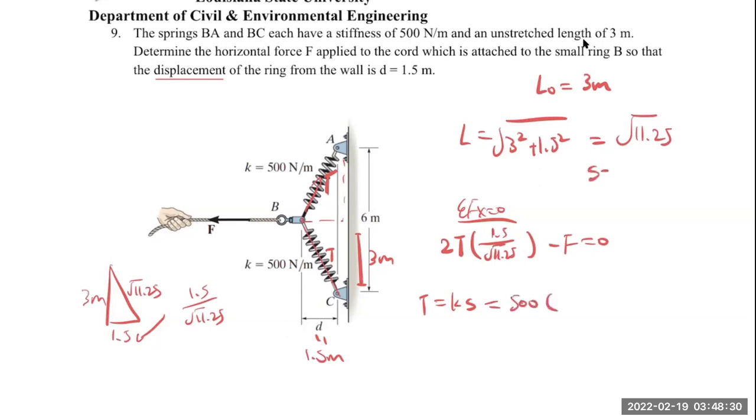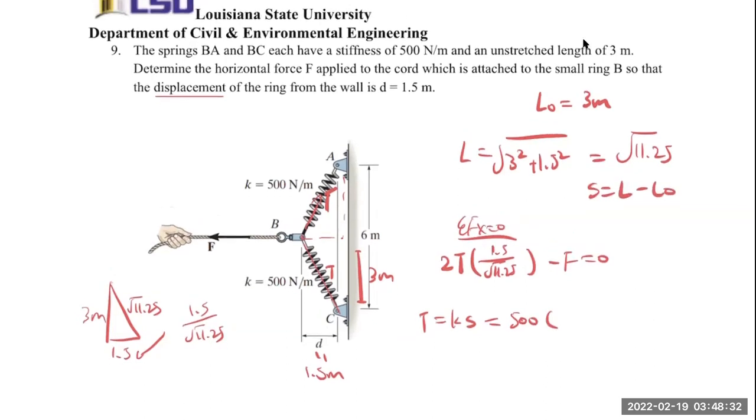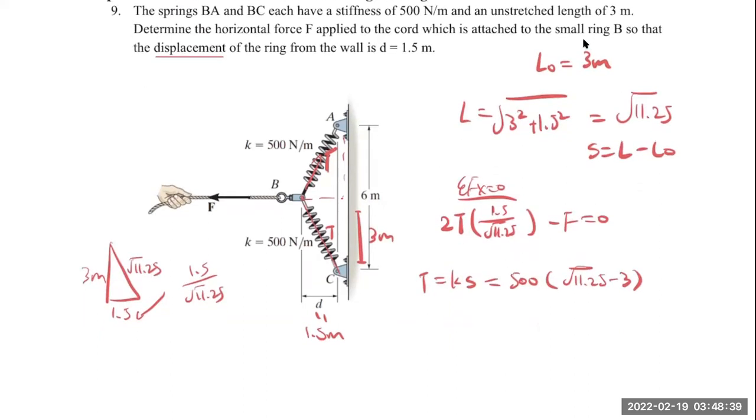We know that s is equal to L minus L naught, so it'd be the square root of 11.25 minus 3. Let me see what I have for this one. I got T equal to 177.05.